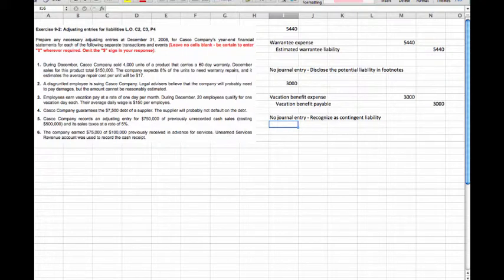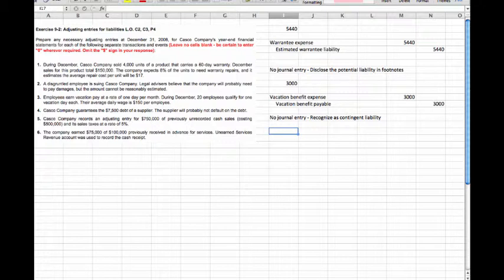Now, it would not go as a dollar amount in a journal entry into the general ledger because the possibility of it happening is considered remote. But because we know the dollar amount, we need to disclose it. All right, so let's do the next one, number 5.